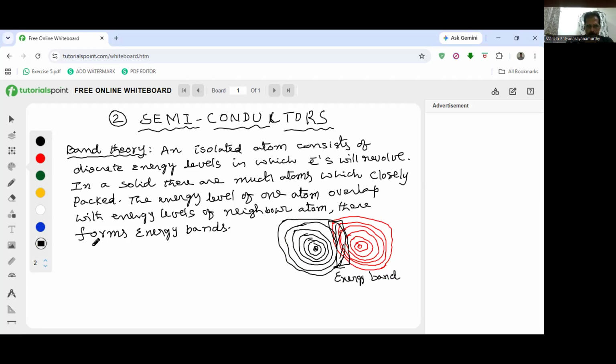So according to band theory, solids are classified into three. One is conductors. Second one is insulators.